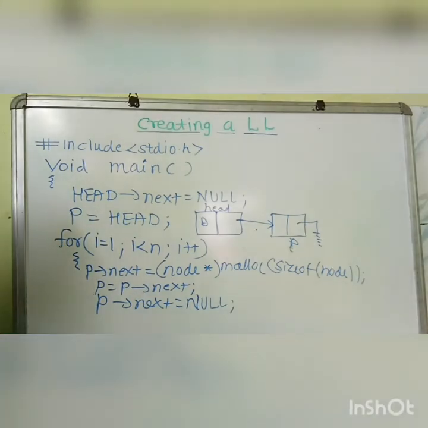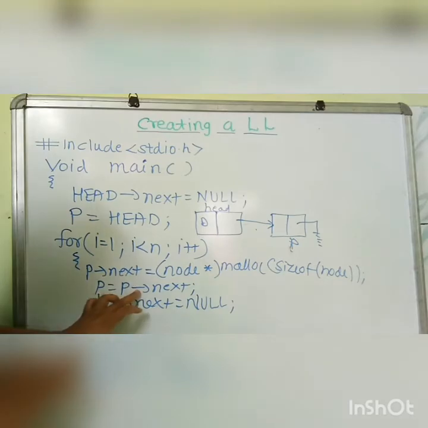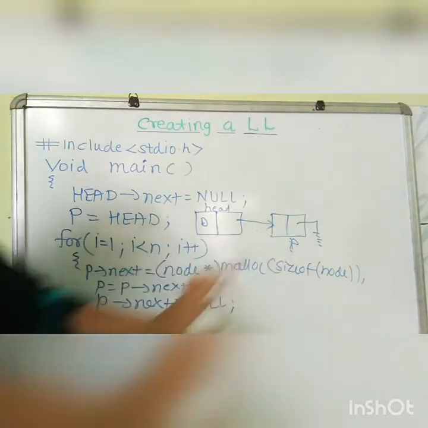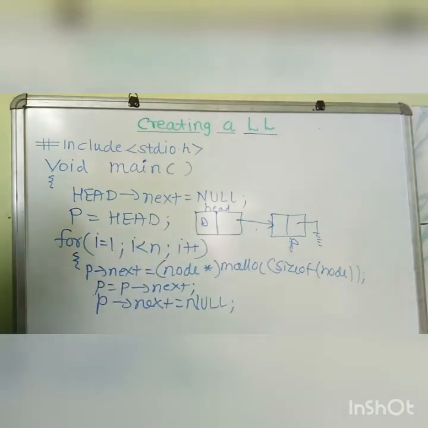Now till here we had created the new node, moved the pointer to the next node, and the next pointer is null. Now we will accept the data elements in it, using scanf %d.